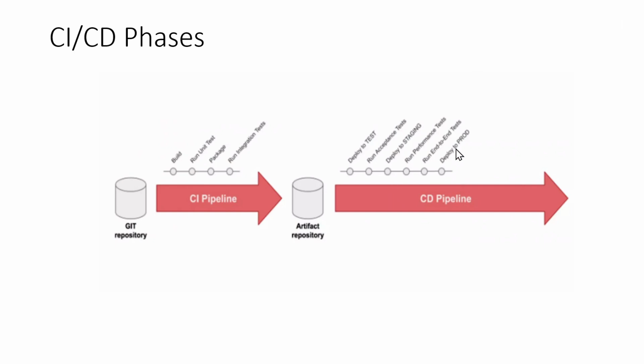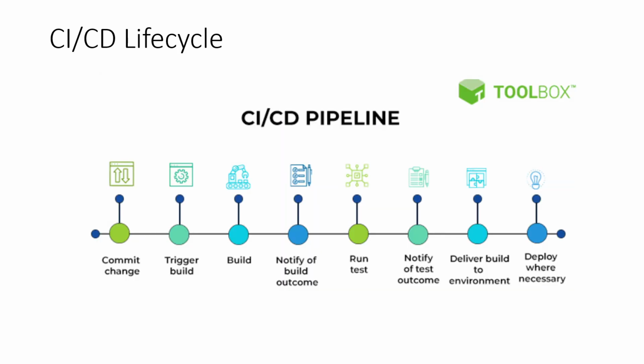They then run and deploy to production, that is, for live. These phases are taken care of by CI/CD, completely automated with no human intervention. Okay. And this is the life cycle.